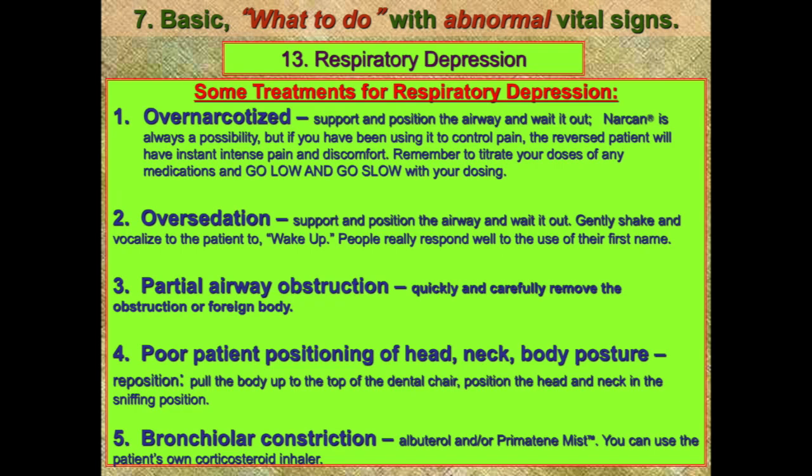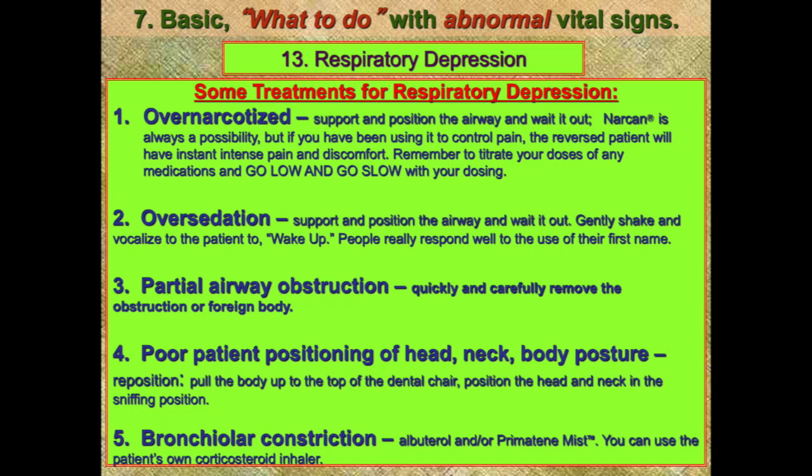For the over-narcotized, we're going to want to titrate their meds, but if you have to, you're going to use your reversal. With the over-sedation patient, as we said, wake the patient up, titrate your meds so that you don't get into that. If it's partial airway obstruction, get rid of the substance that's causing the obstruction, the foreign body.